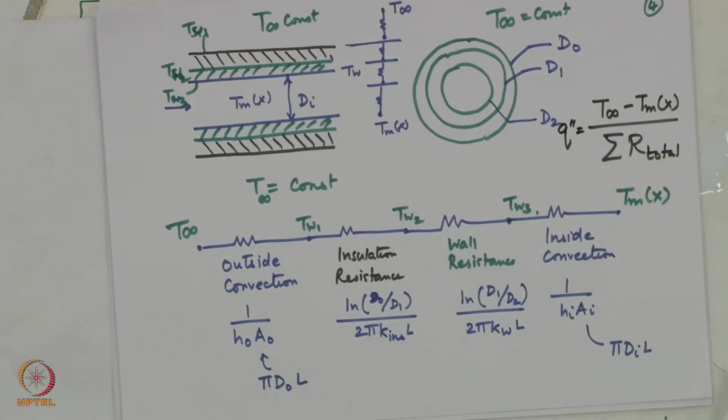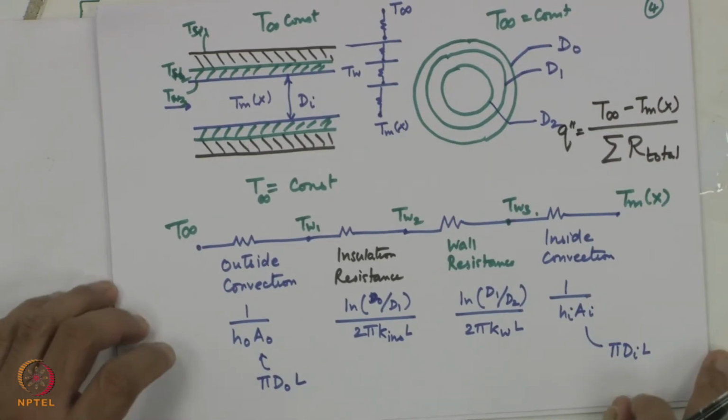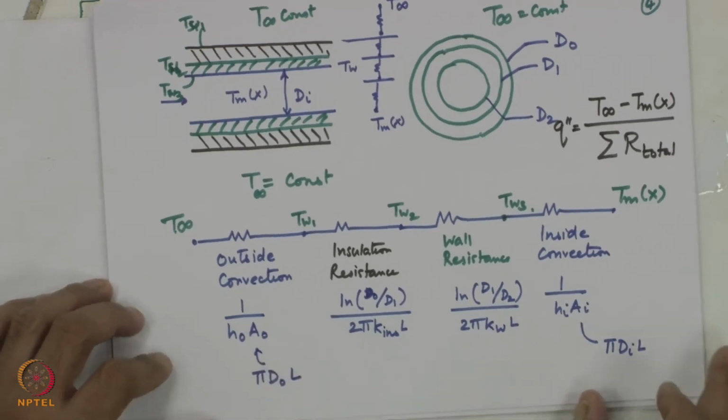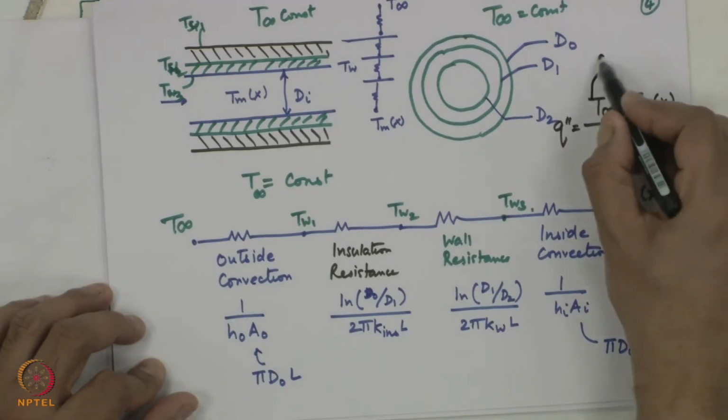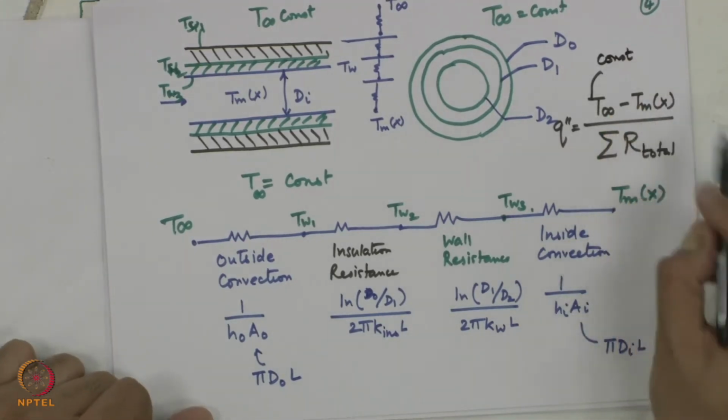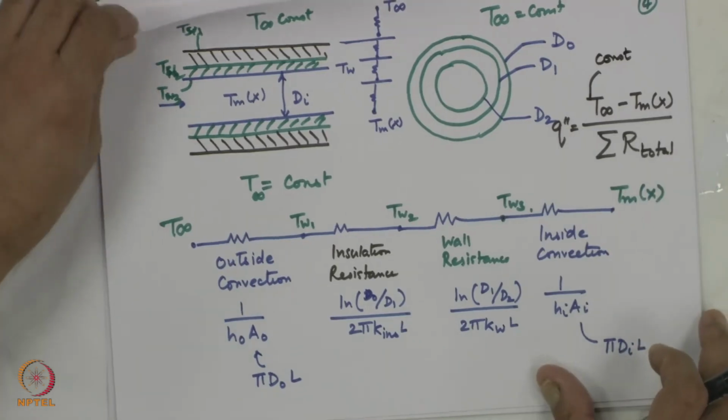This we have seen in conduction, these resistances were there, and in convection we have got means to calculate this H naught and H I. So, this is constant, this is like your wall temperature what we saw, this is your local bulk mean temperature, and this is going to vary exponentially as I progress in the flow direction.